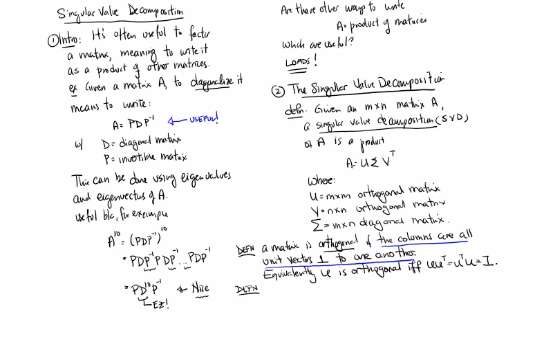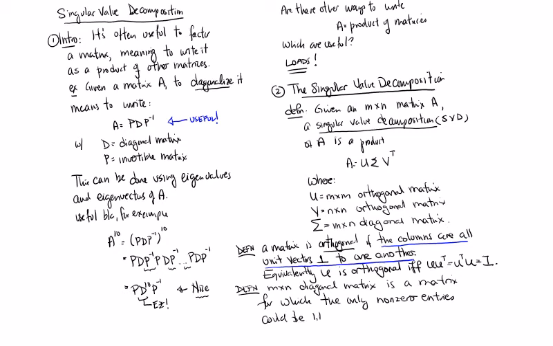thinking about it. So the other definition is that an m by n diagonal matrix is nothing more than an m by n matrix such that the only non-zero entries are like the 1,1 entry, the 2,2 entry, etc. So it's a matrix for which the only non-zero entries could be the 1,1, 2,2, 3,3, etc. Those entries.